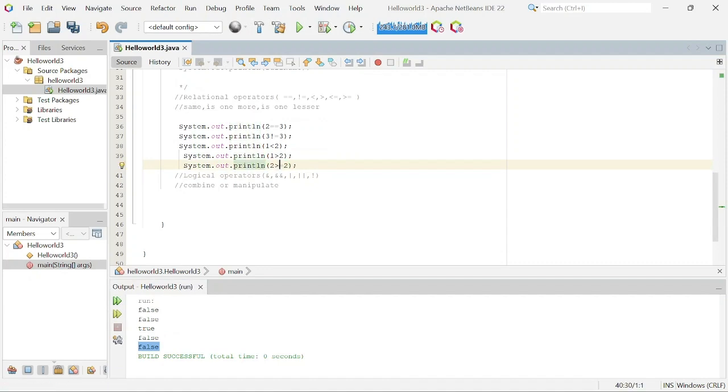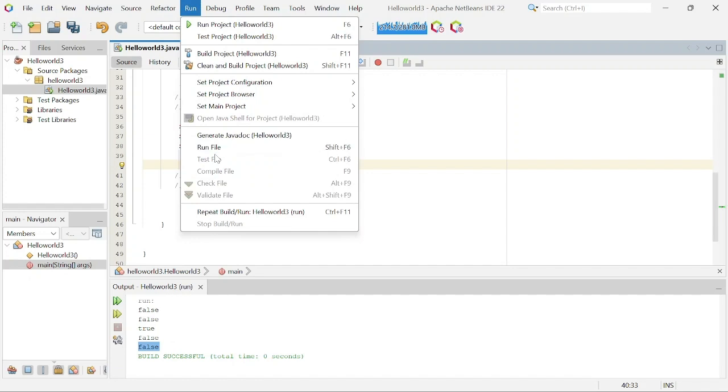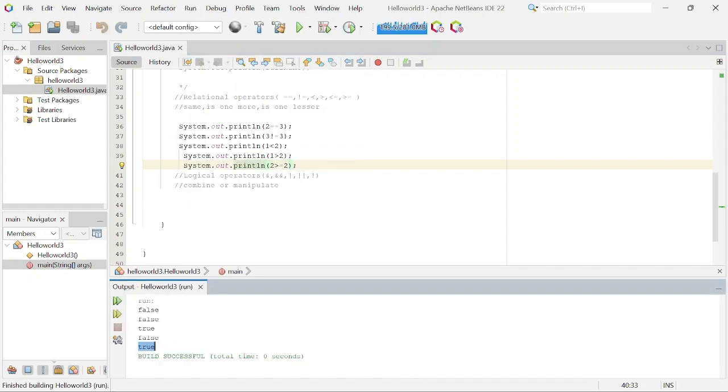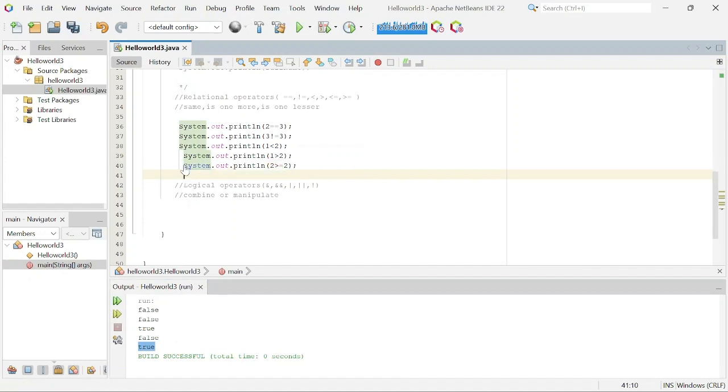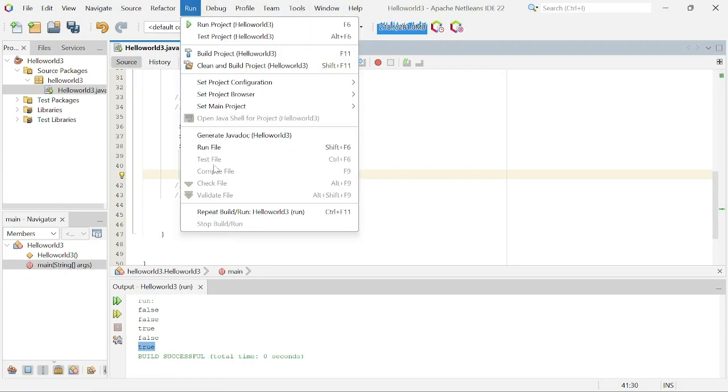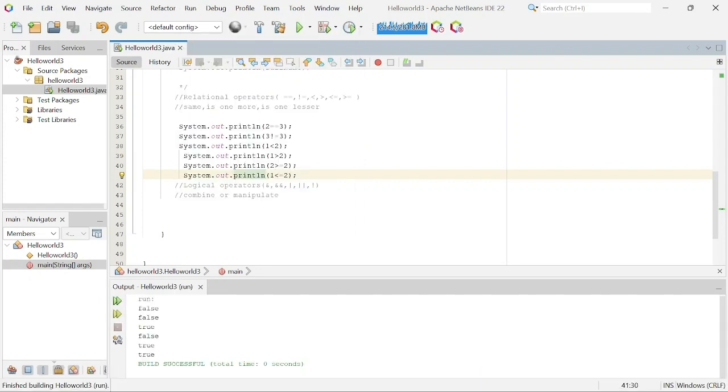Even though it's not bigger than 2, it is equals to 2, so it's true. And the same goes for the opposite sign. 1 is smaller than or equals to 2. Well, yeah, it is true. And that is all for relational operators.